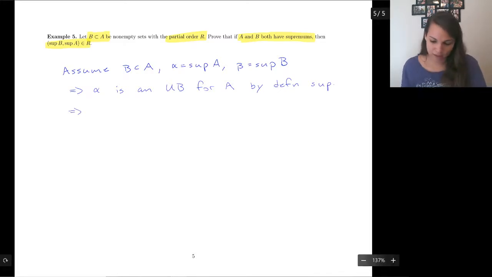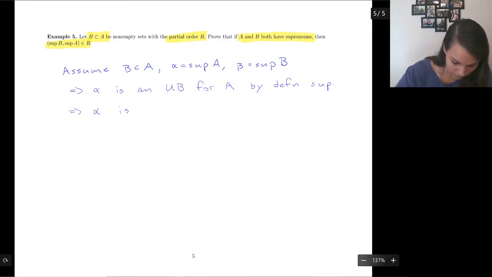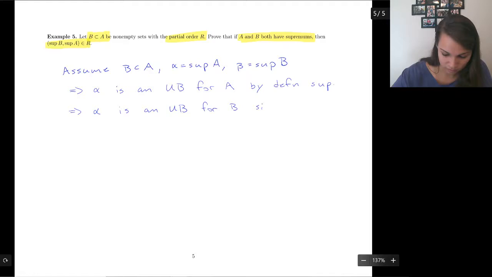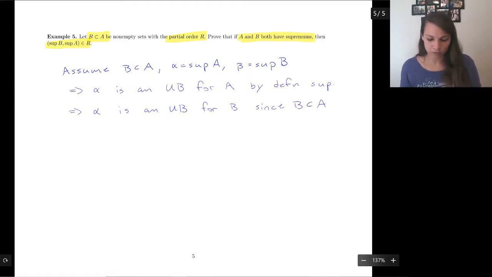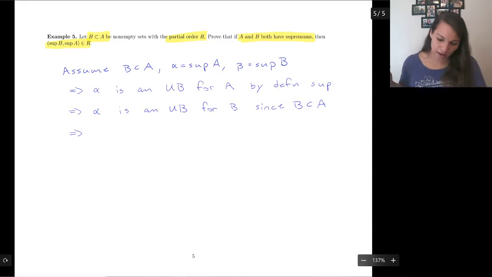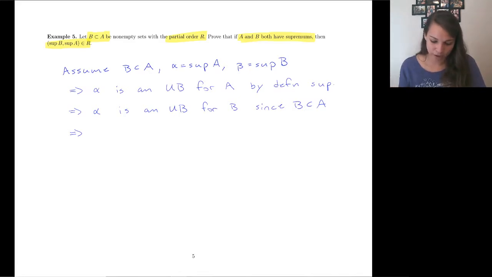So then if alpha is an upper bound for A, alpha is an upper bound for B since B is a subset of A. Right, because alpha is going to be bigger than all the elements of A, which means it's bigger than all the elements of B, since all the elements of B are elements of A. Okay, then now we're trying to get back to how beta is related to alpha.